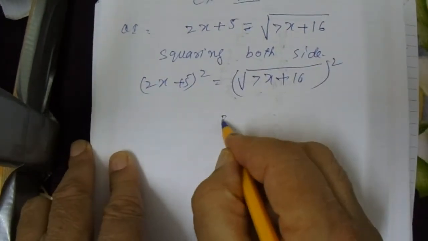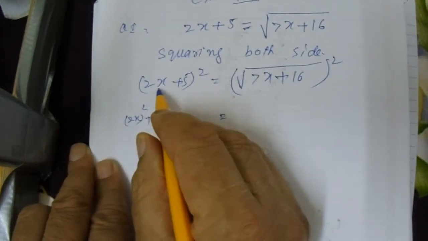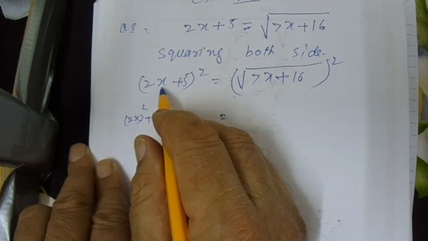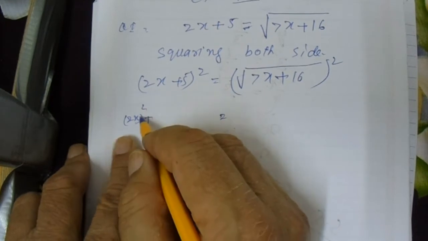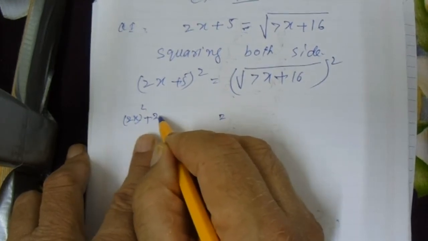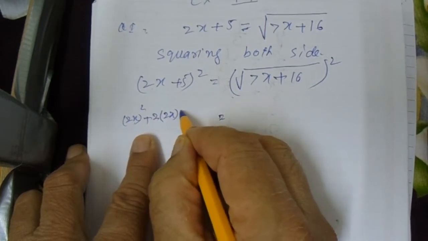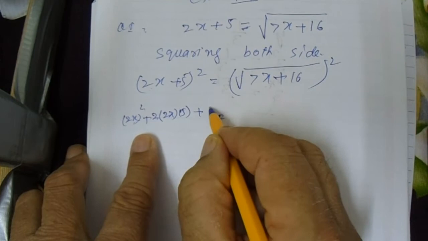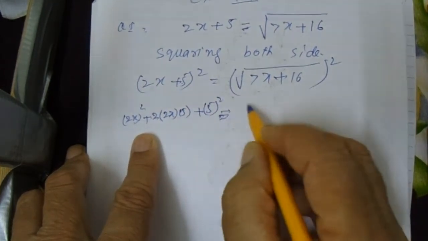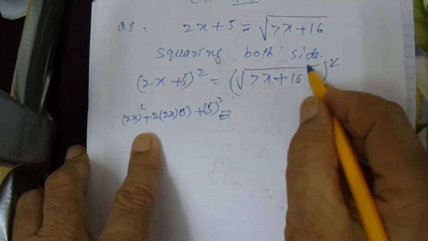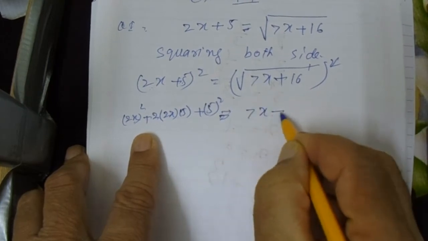Now we get, using the formula (a plus b) whole square, a square plus 2ab plus b square: (2x) square, plus 2 times 2x times 5, and plus 5 square. This square will cancel the root on the right side, so we have 7x plus 16.